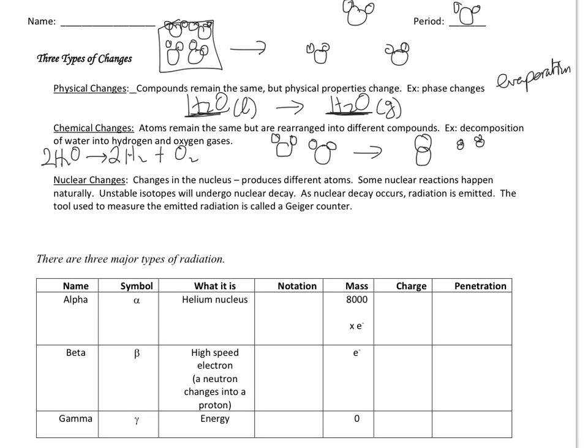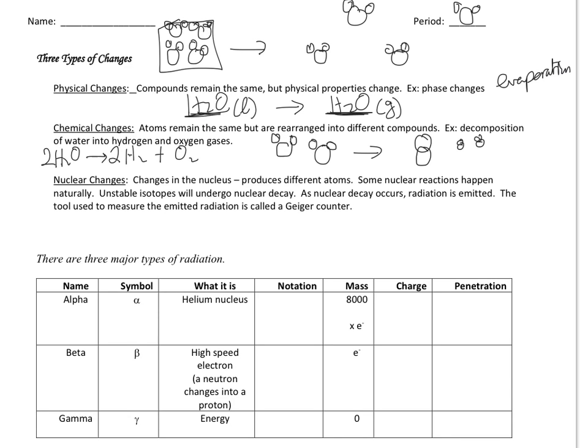With nuclear changes, these are changes in the nucleus. So if you remember from yesterday's notes when we were talking about the subatomic particles, we have protons, electrons, and neutrons. So the protons are what determine what element it is. For example, if you have something that has 6 protons, it must be carbon. If you have something that has 7 protons, it must be nitrogen.